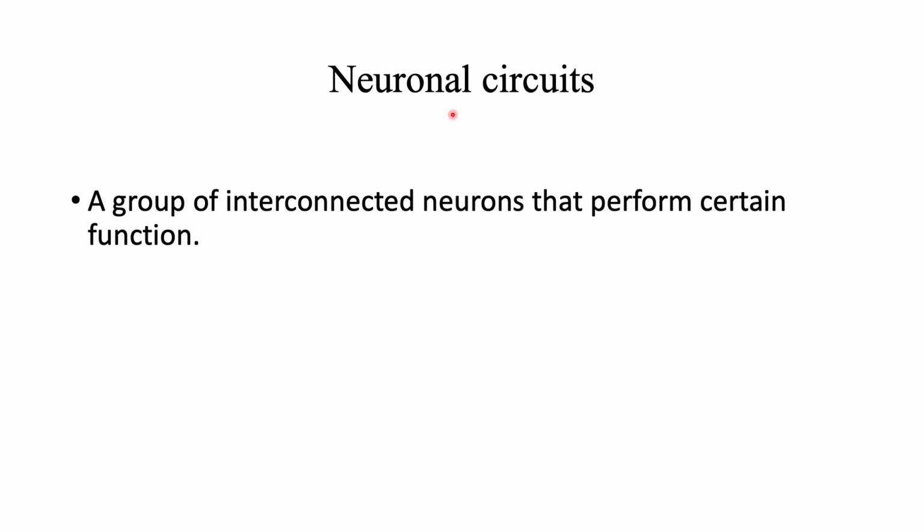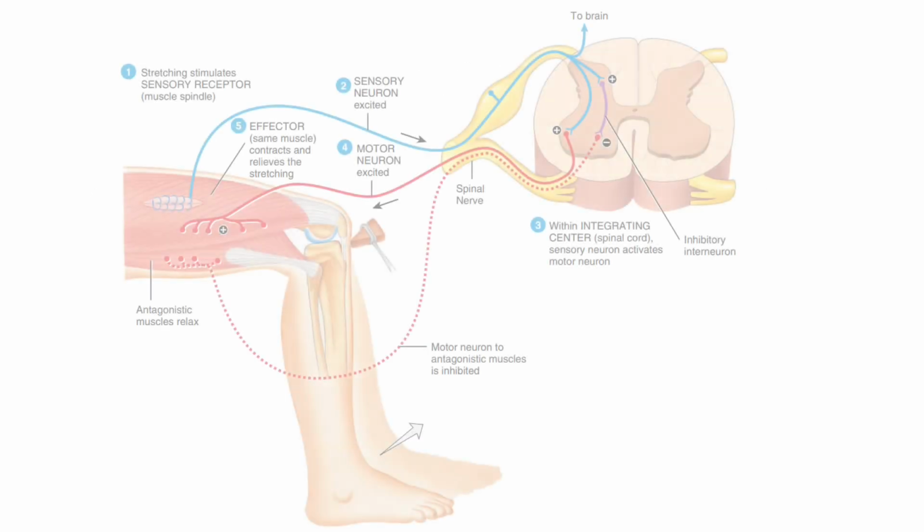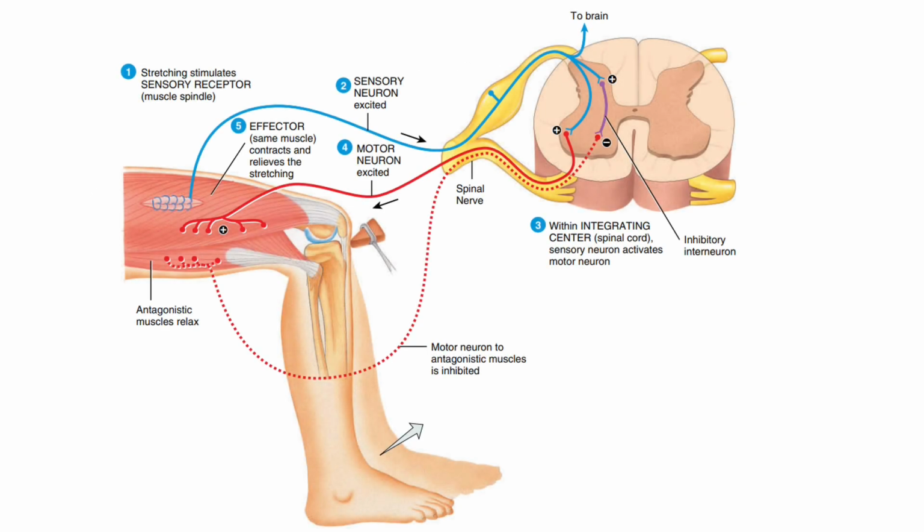Neurons are connected in different ways with each other, so they can perform different functions and modulate different kinds of functions. These different types of connections, we call them neuronal circuits. Let's take examples of common neuronal circuits in the nervous system.